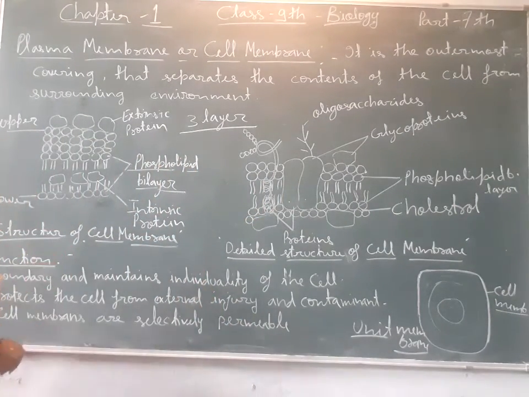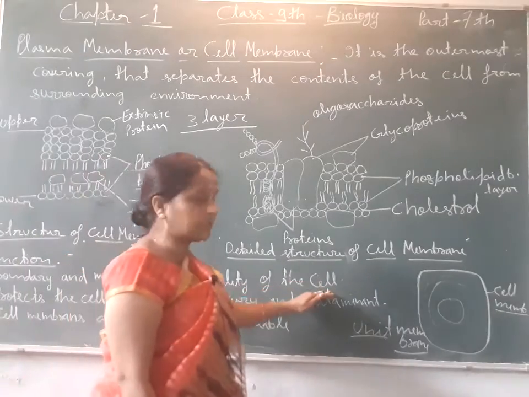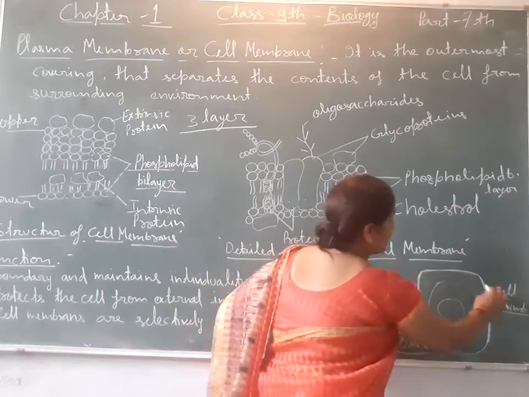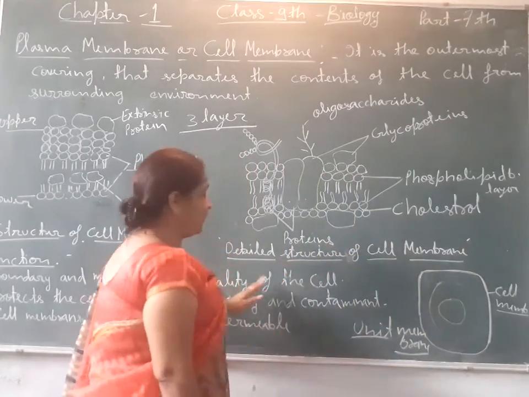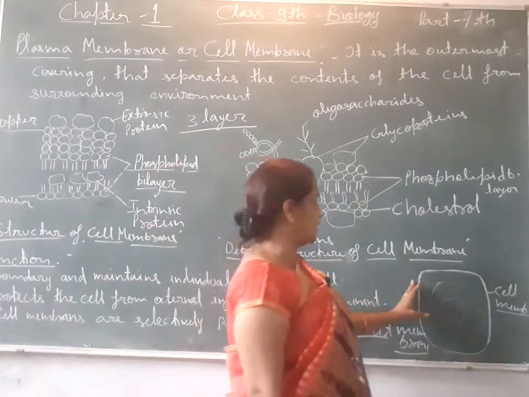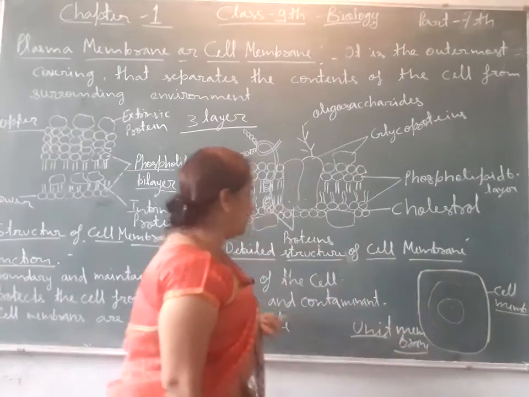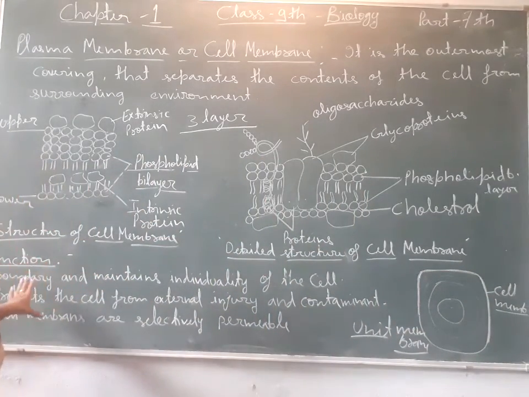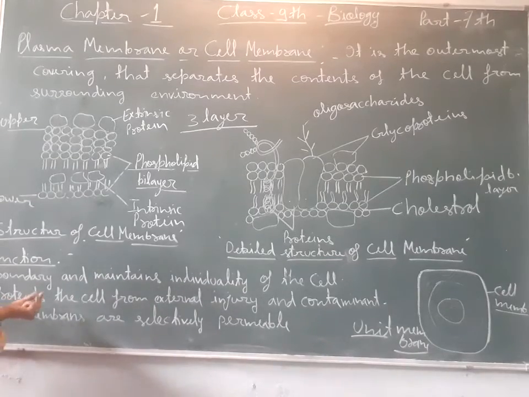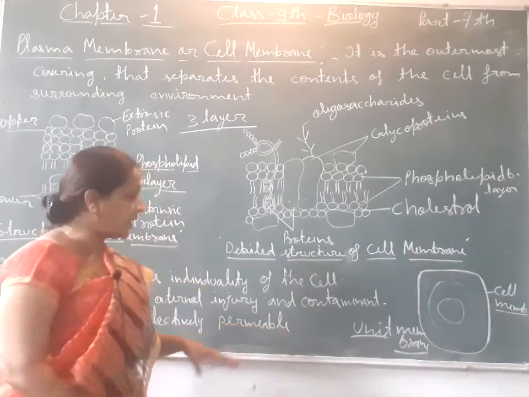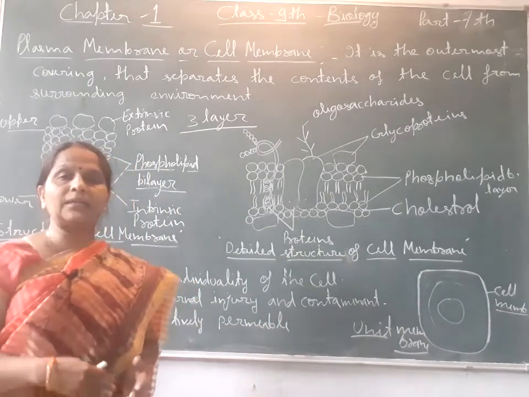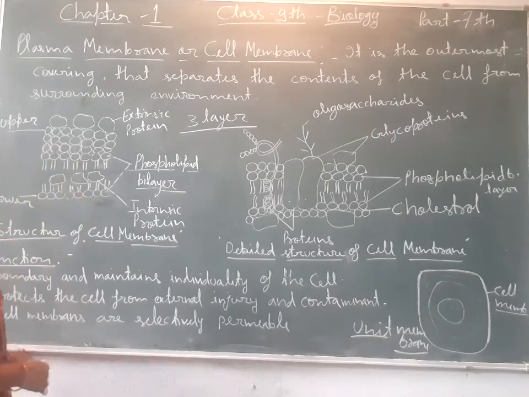What is the function of the cell membrane? The first function is that it gives a boundary and maintains the individuality of the cell. It bounds the cytoplasm and maintains the individuality of the cell, making it distinct from other cells. Second, it protects the cell from external injury and contaminants. सेल का प्रोटेक्शन भी करता है by the external injury or contaminate.